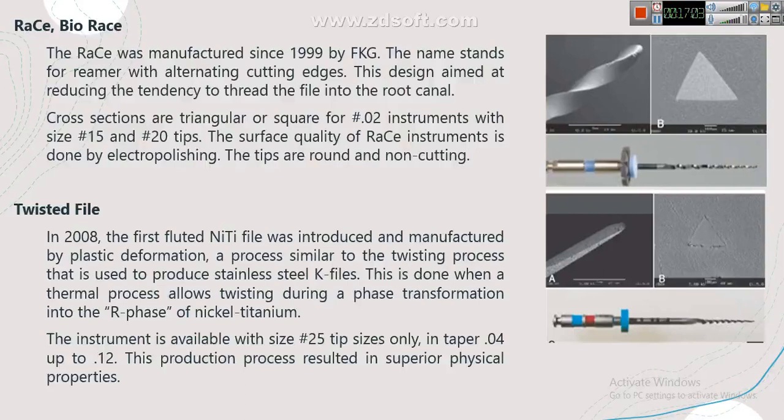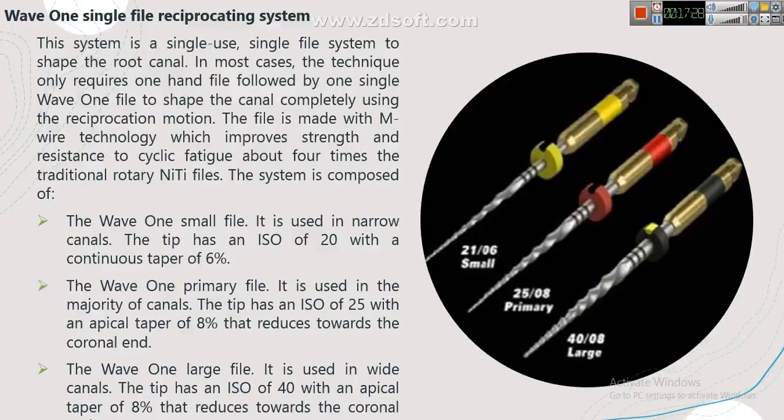When we talk about physical properties, some good properties, like tolerating fracture forces, are improved after using this kind of heat generation and twisting, and the amount of plastic deformation.